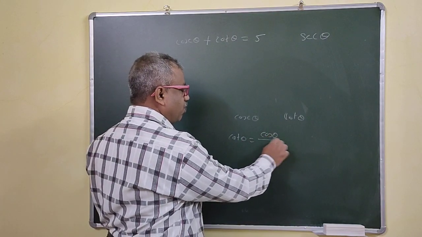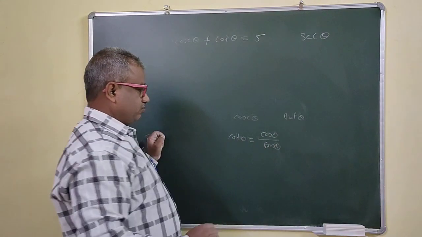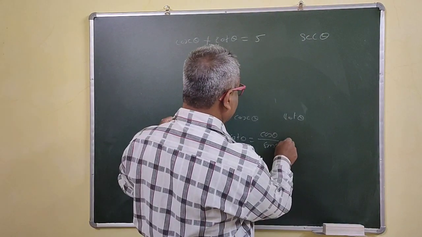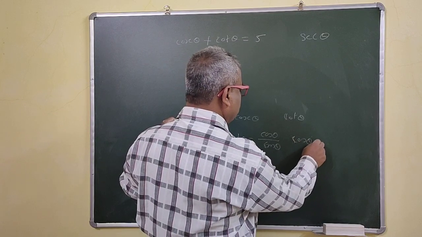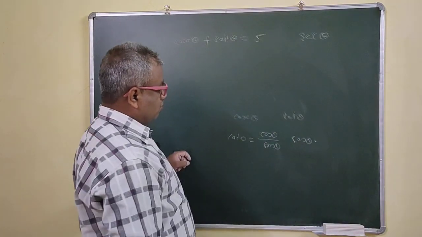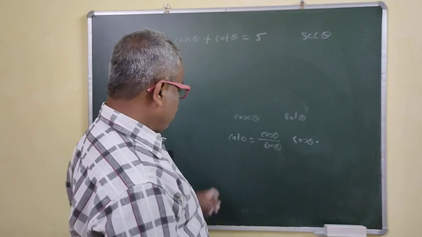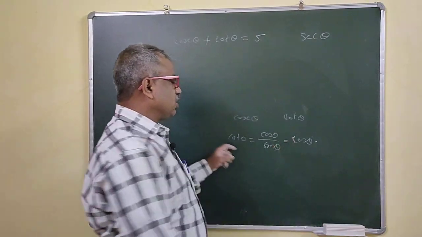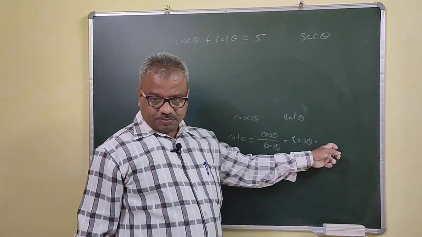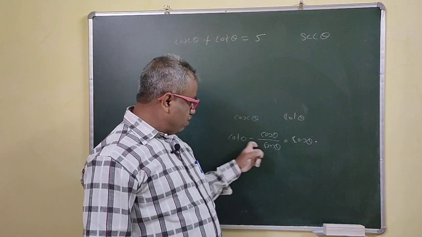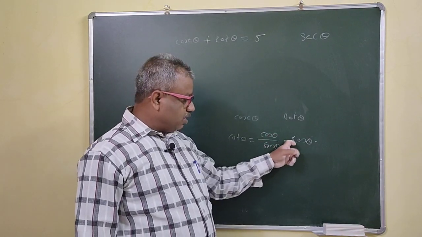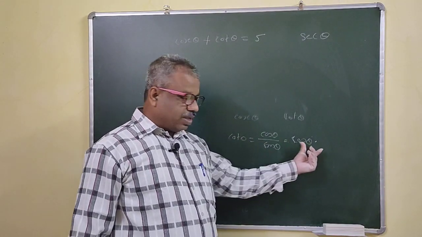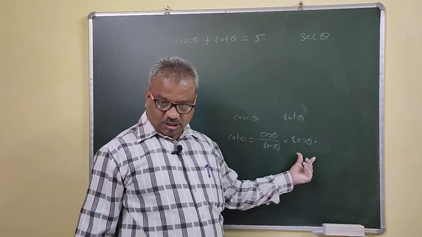Cot theta is cos theta upon sin theta, which is cos theta into cosec theta. So you have the value of cot theta and the value of cosec theta, and you can obtain the value of cos theta.